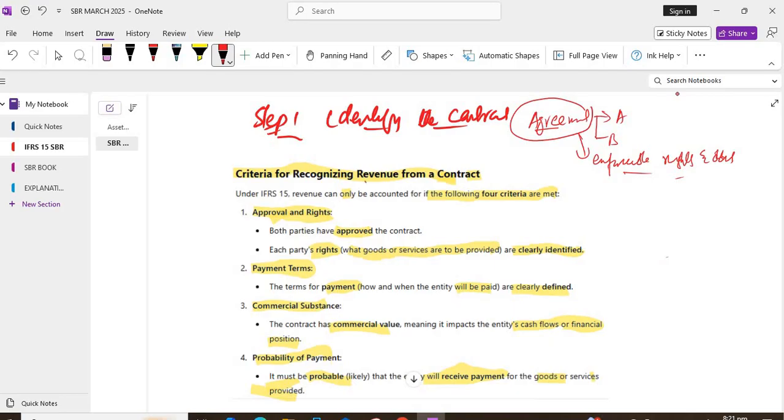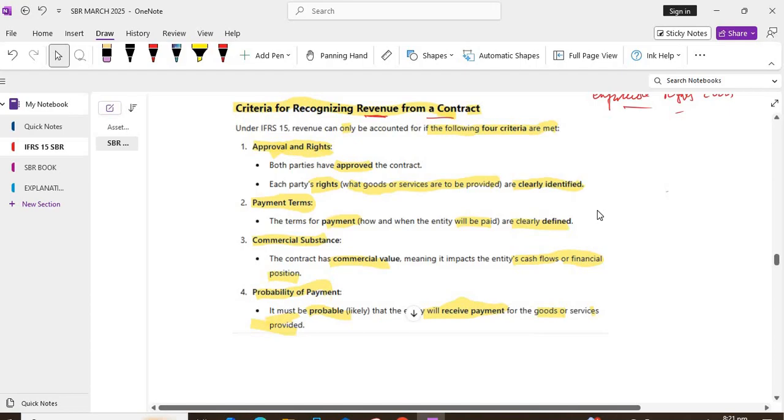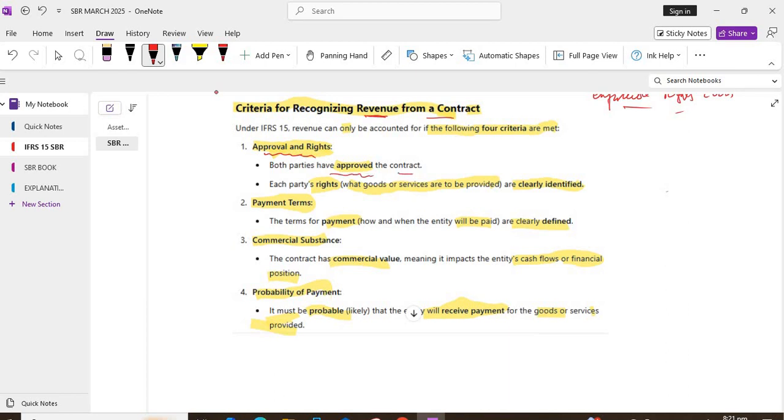Now, for recognizing revenue from the contract, we have four criteria that have to be fulfilled before recognizing the revenue. The first one is approval and rights. This means both parties have approved the contract, and their rights are clear.